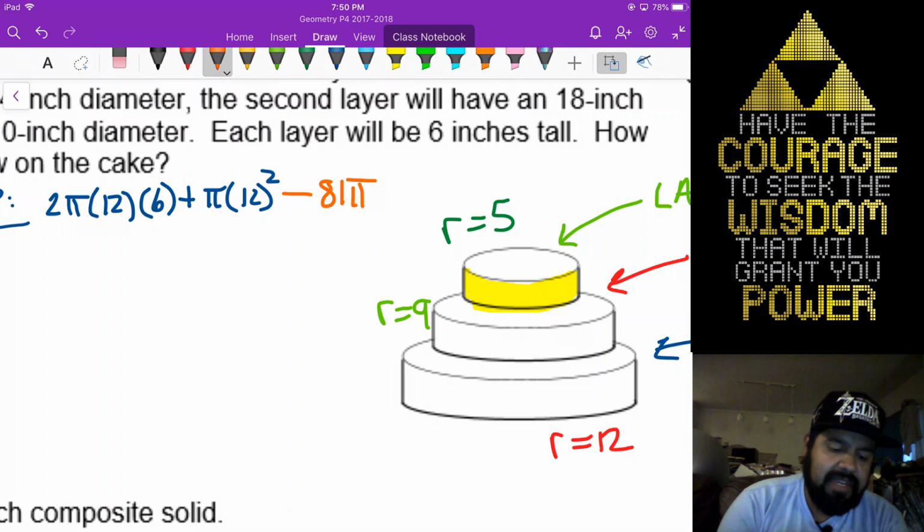So Isaac, in a bit, I'm going to have you combine those terms for me. So that's going to be 12 times 12, 144 pi, plus 12 times 12, 144 pi, minus 81 pi.